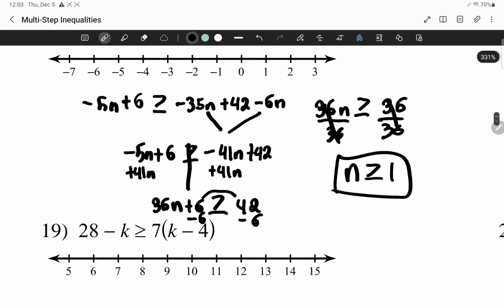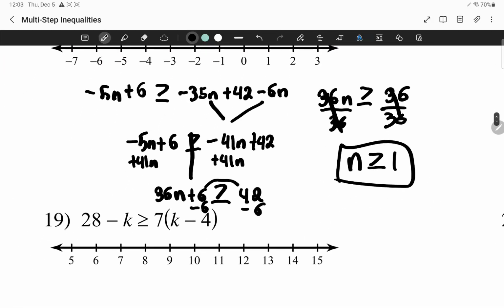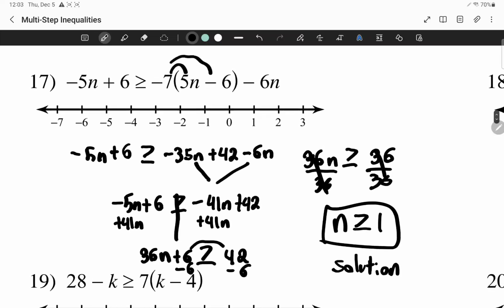Now, the only thing I do want to mention, and this might be on the test, I don't know if I'm going to put this, is what does that mean? This means that my solution is going to be anything that is a 1 or greater. So if I were looking at this number line, on the top one, I'm going to put a closed circle at 1.